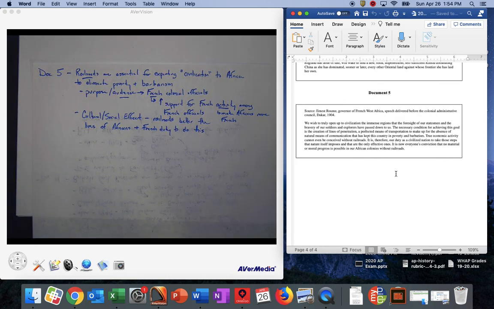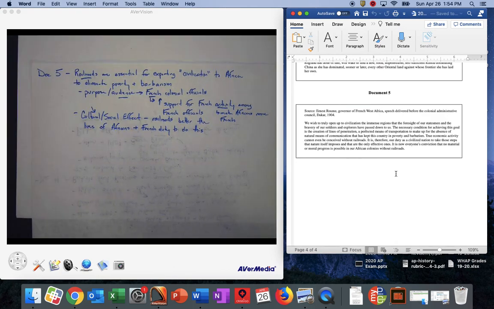Okay, so we've done all the documents, we've got all the effects, we've kind of got a couple of categories. We've got this social/cultural effect that we want to export European culture to better these people's lives. And we've got a political effect that kind of roughly turns into defending economic interests or denying those things to our rivals.